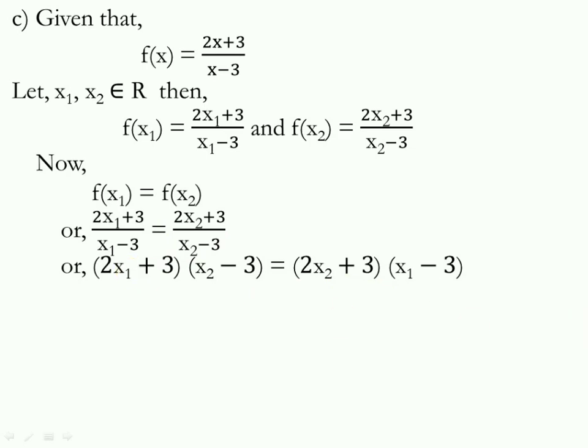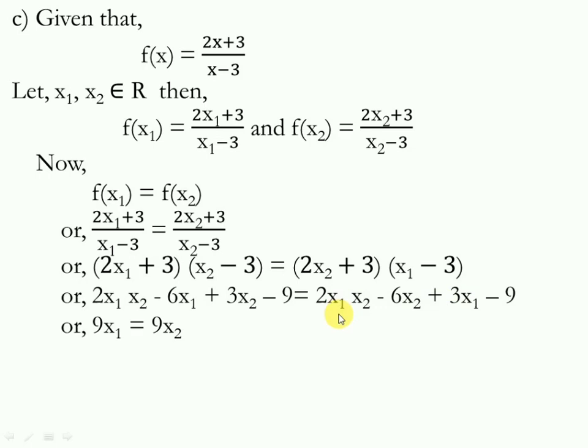Now multiplying each other, 2x1 into x2 minus 2x1 into 3 becomes 6x1, plus 3x2, minus 3 into 3 becomes 9. So on the left side it should be 2x1x2 minus 6x1 plus 3x2 minus 9, and the right side similarly, 2x1x2 minus 6x2 plus 3x1 minus 9.